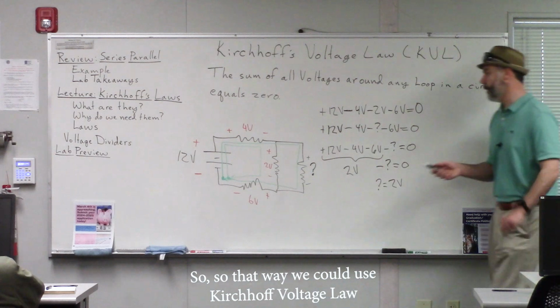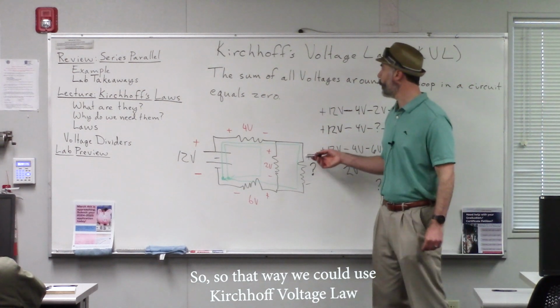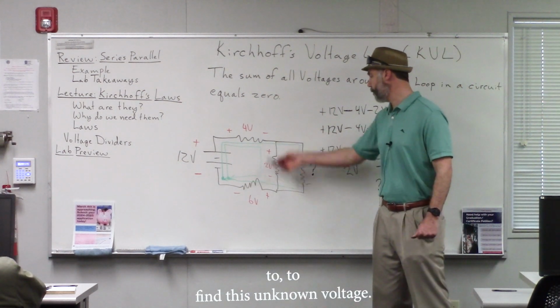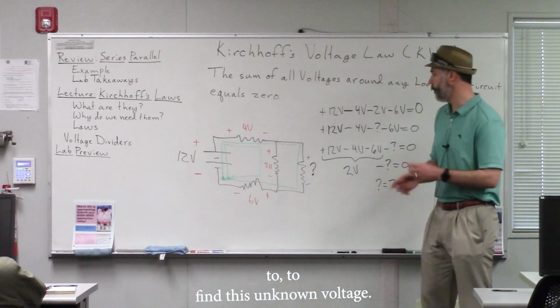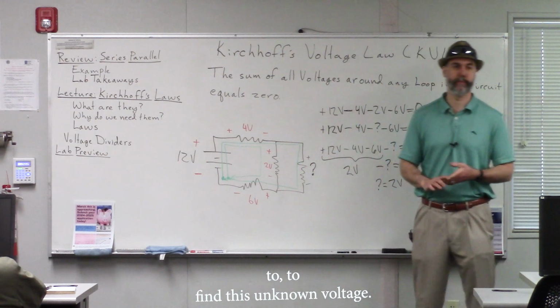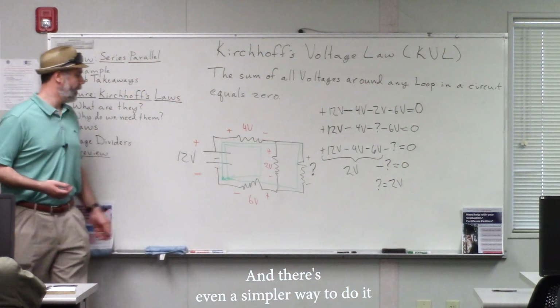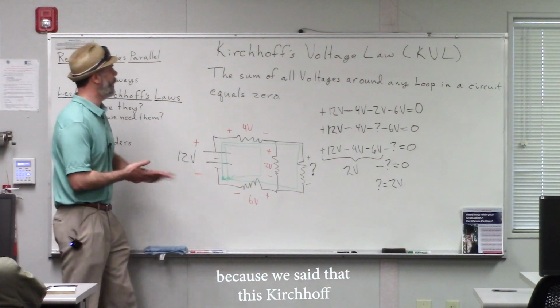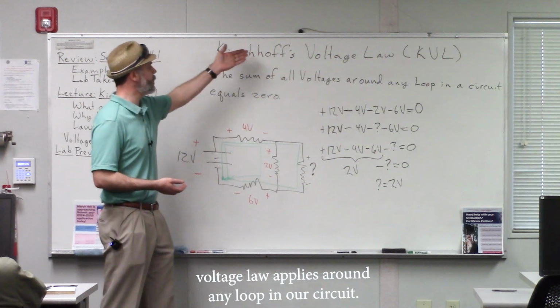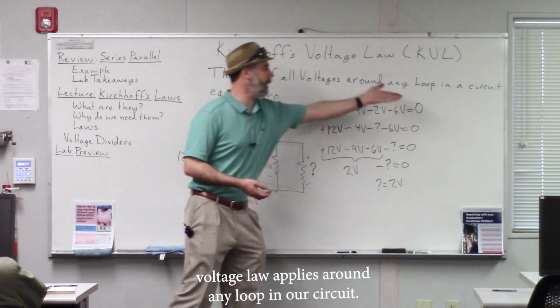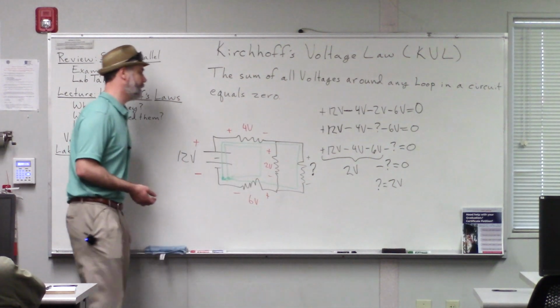So that way we could use Kirchhoff's voltage law to find this unknown voltage. And there's even a simpler way to do it. Because we said that Kirchhoff's voltage law applies around any loop in our circuit. Okay?